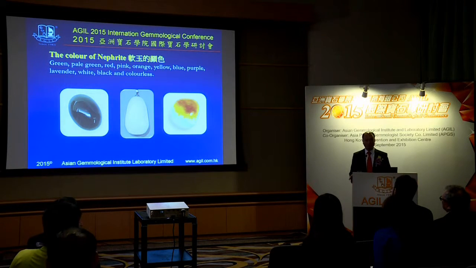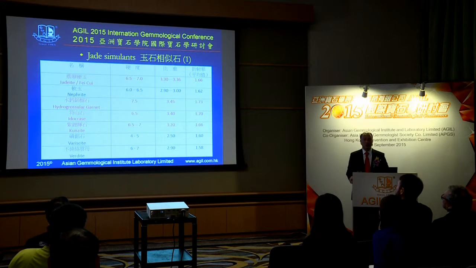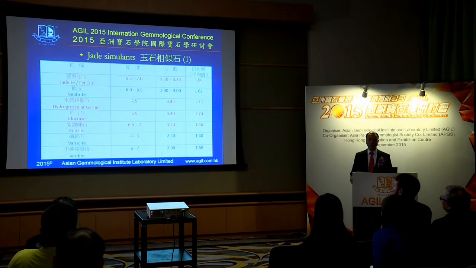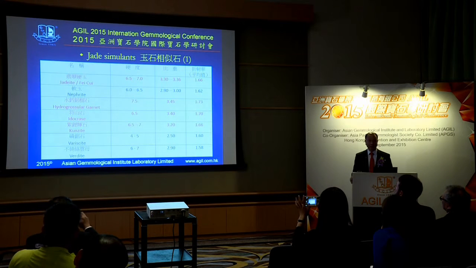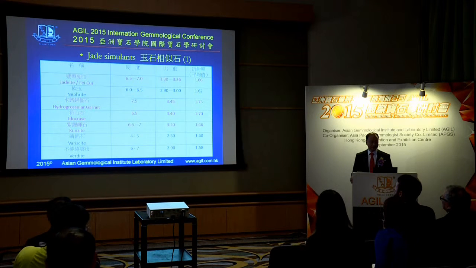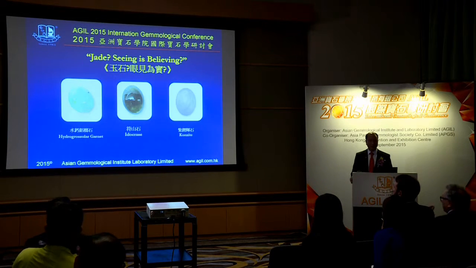Some of them may be familiar to gemologists, but some of them may be very rare. Before I show you the slides, I just let you know most of those jade simulants may have different optical properties from nephrite and jadeite.